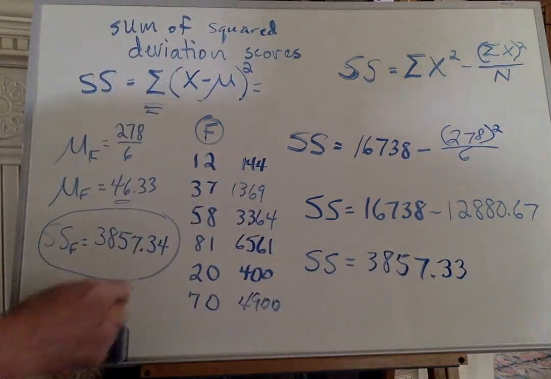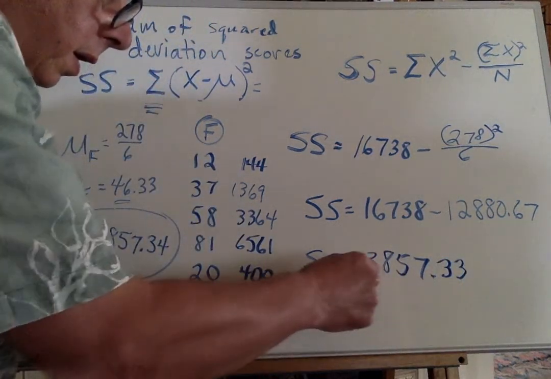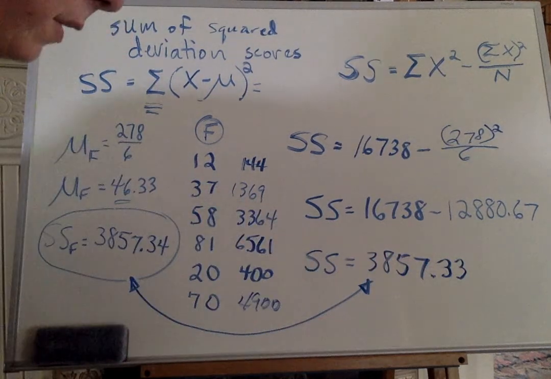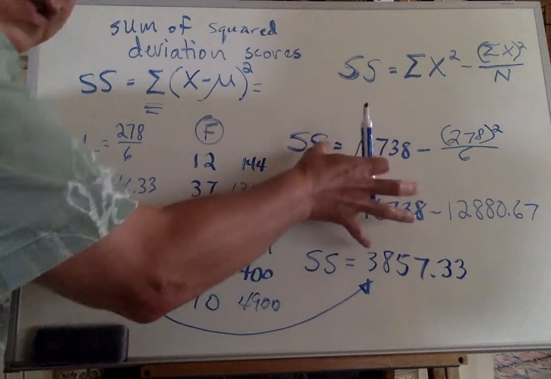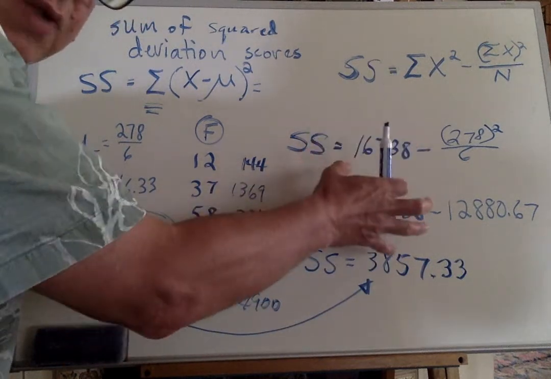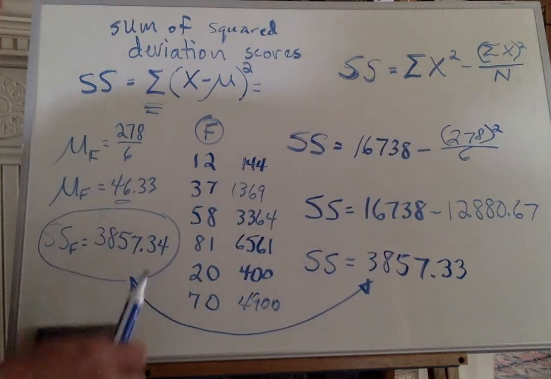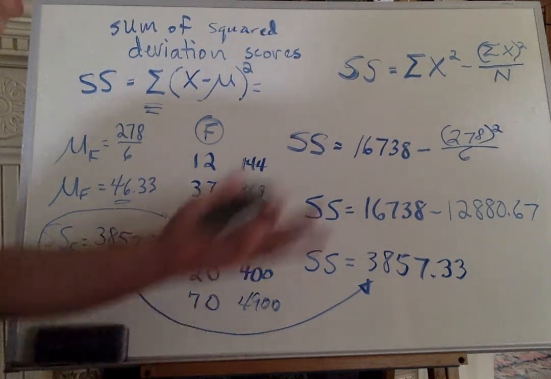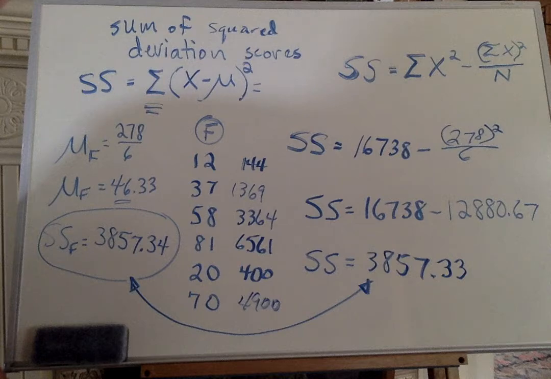Okay. Notice, same. This is rounding error. This actually, I trust this one because it includes less rounding than this. But it's the same formula. It's just written in a little bit different way.